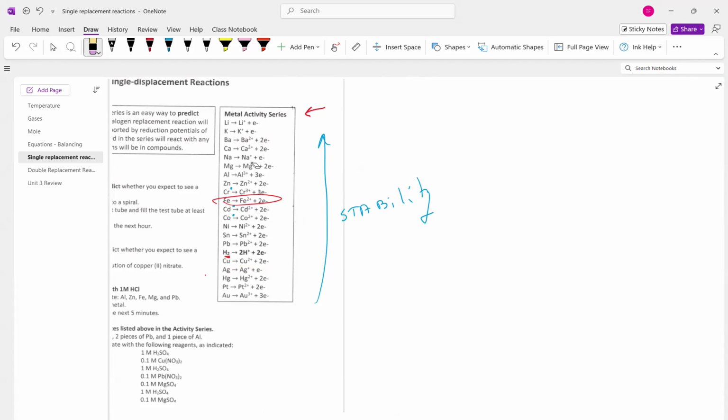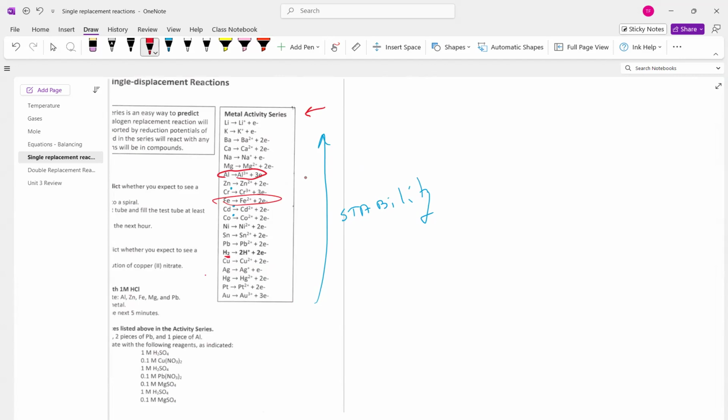Okay, so here's aluminum. And there's iron. Now, the reactivity chart will tell you what the ion is also, without having to go to your common ion chart. Okay, so which is the metal in that reaction?